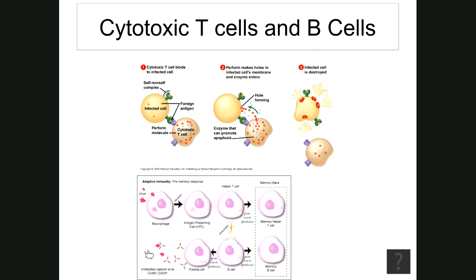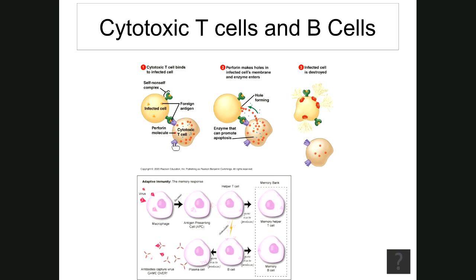B cells are responsible for antibody-mediated immunity. Those are the plasma cells making antibodies that are going to go into this plasma. Or humoral, H-U-M-O-R-A-L, which means liquid, immunity, because the antibodies are found in body liquids. So there's a difference between cellular immunity and humoral immunity.